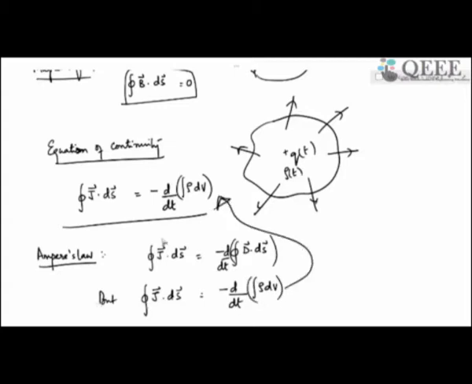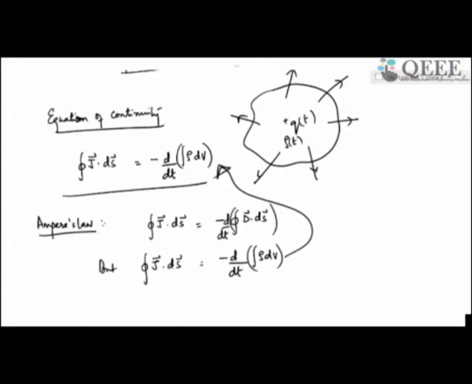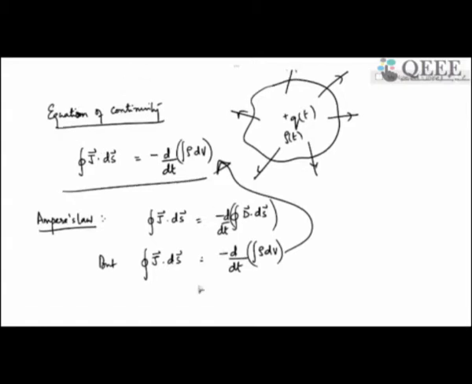From here, the right hand sides must be equal, which means minus d by dt of surface integral D dot ds must be equal to minus d by dt of volume integral rho dv. Or I can pull the d by dt together inside: d by dt of the closed surface integral D dot ds minus the volume integral rho dv must be equal to 0.